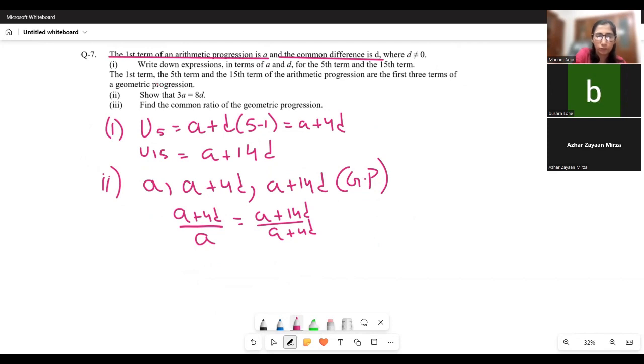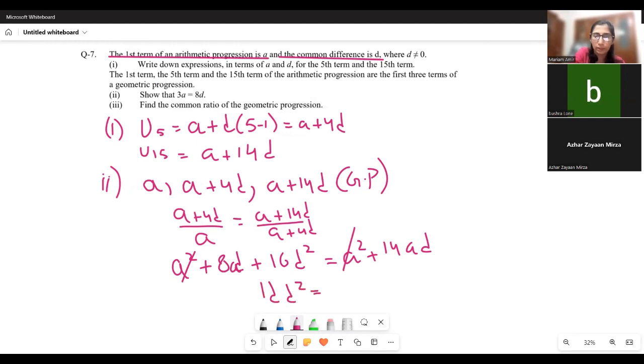A plus 4D whole square is going to be a square plus 2ab plus b square, so A square plus 8AD plus 16D square, equals A square plus 14AD. So the A square and A square are getting cancelled. We have 16D square equals 14AD minus 8AD.